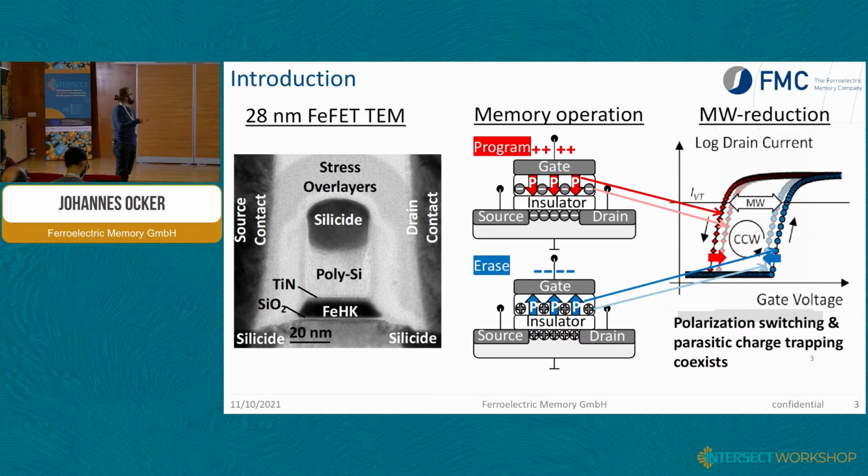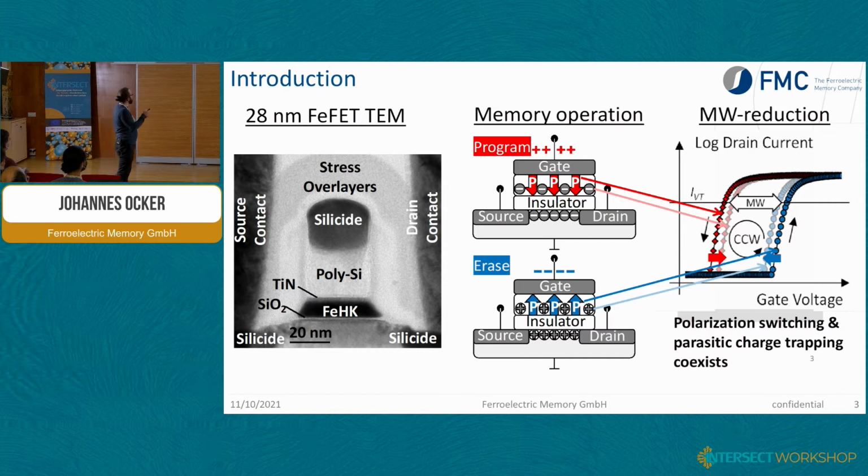And now you can switch here in this ferroelectric high K. You can switch the polarization up or down. We call this program and erase. Depending on if you put it upwards or downwards, in this case, there are electrons in the channel, and you can conduct current through this transistor.